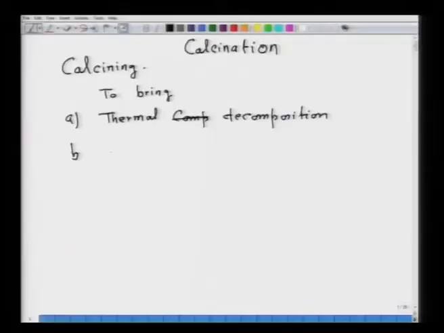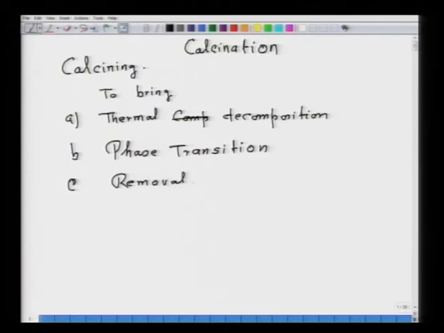Second possibility could be phase transition. Third, removal of volatile fractions. These are some of the objectives of calcination.